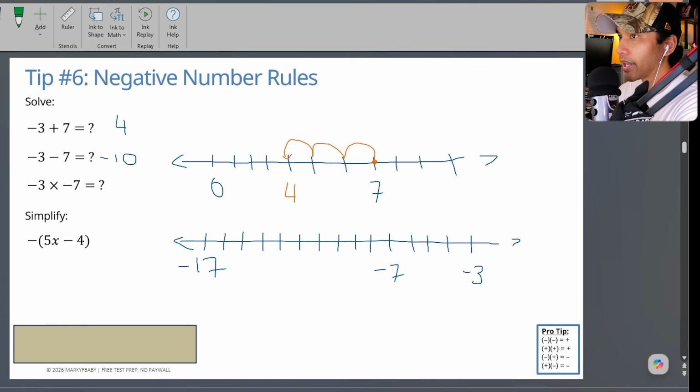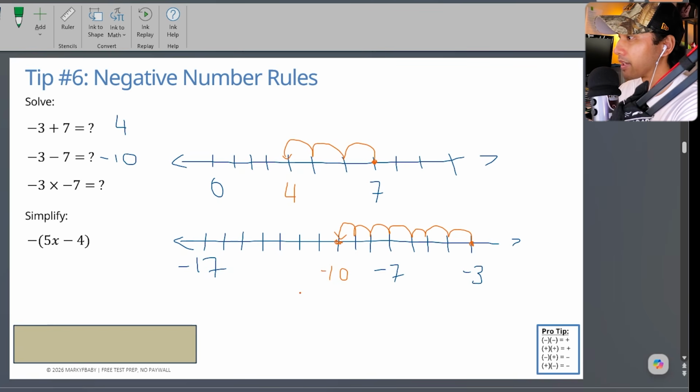Well, we start at negative 3 and we minus 7, right? So we minus 7, we travel down 7. So we go 1, 2, 3, 4, 5, 6, 7. This right here. So what's that? Well, we have negative 7 here, 8, 9, and then 10 right here, negative 10.